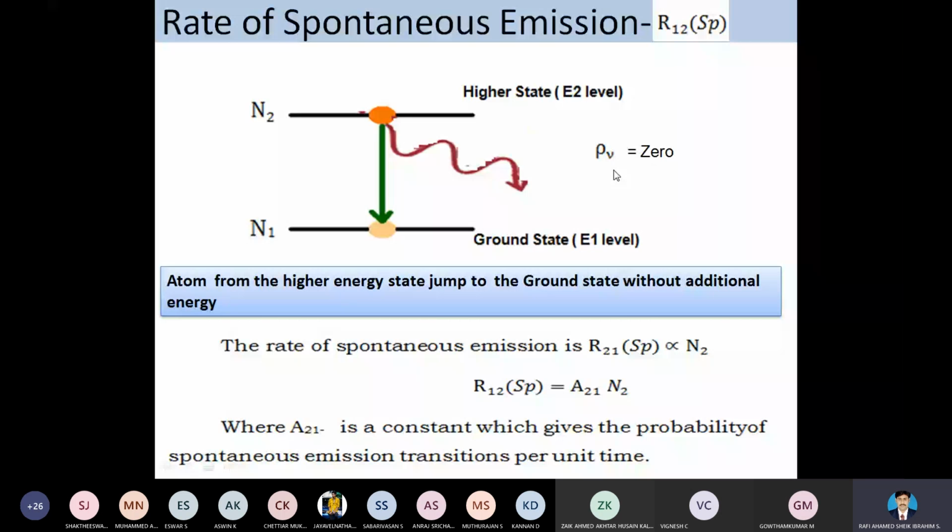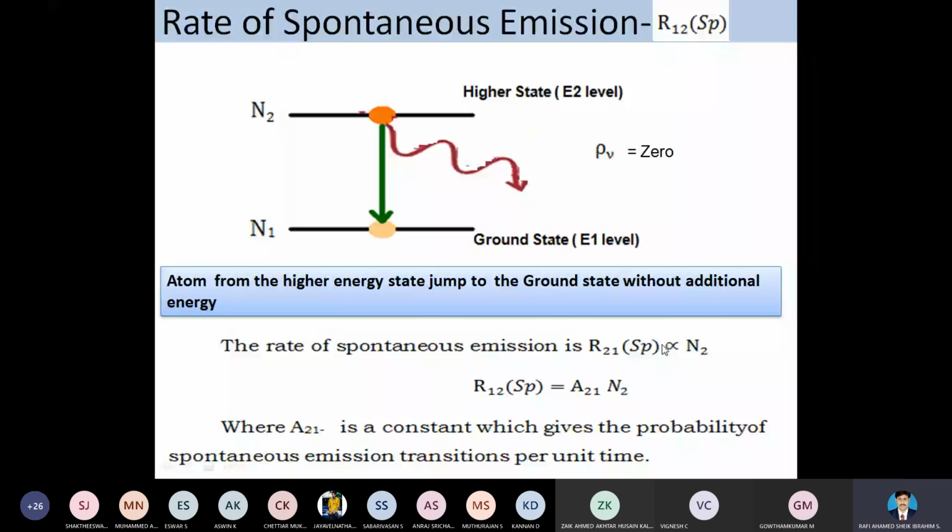Then we can write the rate of spontaneous emission R21 spontaneous directly proportional to N2, because here we do not have energy. Rho v is 0, so we are considering only the number present.